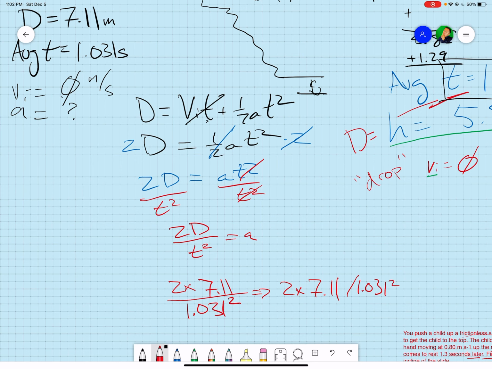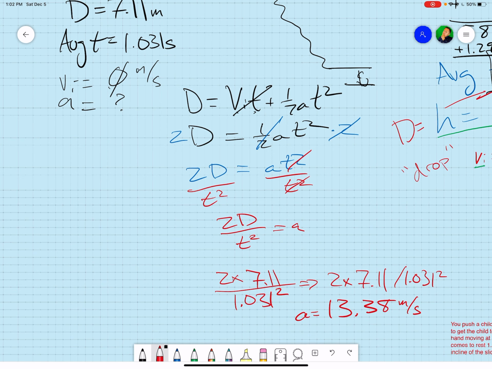I'll do it in my calculator right now. 2 times 7.11 divided by 1.031 squared, and I get 13.38 basically, because it's a bunch of other numbers, meters per second squared. So that is what I calculate the acceleration to be.